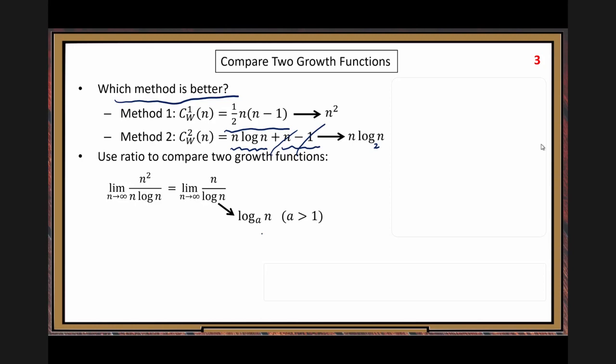We want to compare these two functions and calculate this limit from calculus. First I tell you the answer. The answer is infinity. For n over log n with any base greater than 1, the limit is infinity.